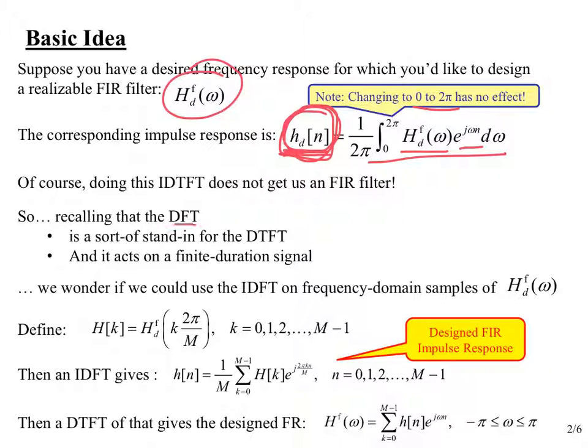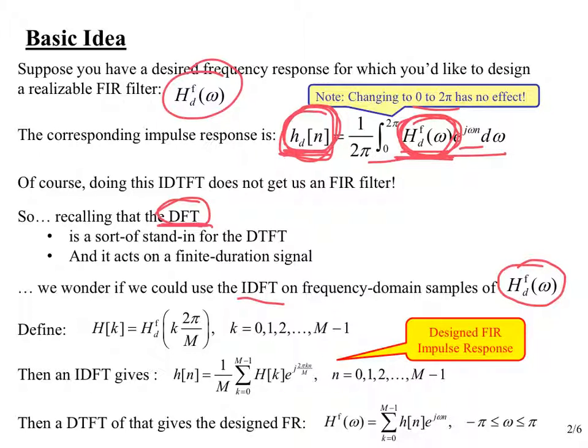But if I think about doing an inverse DFT as a stand-in, and instead of taking infinitely many points here, I take a finite number of points from this, apply an IDFT, then I'll get a finite duration signal in the time domain. So maybe that will work. We use the IDFT on frequency samples of this.